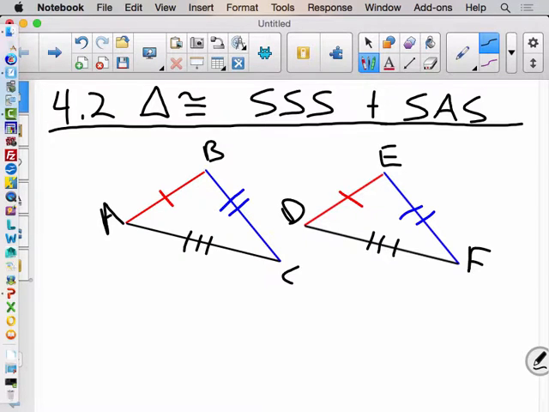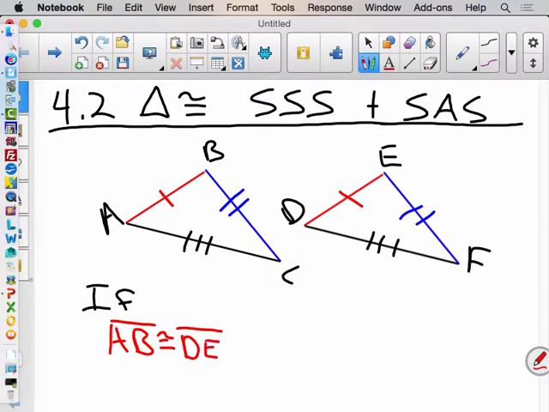Okay? And the postulate is this. If line segment AB is congruent to line segment what? DE. And line segment BC is congruent to what?